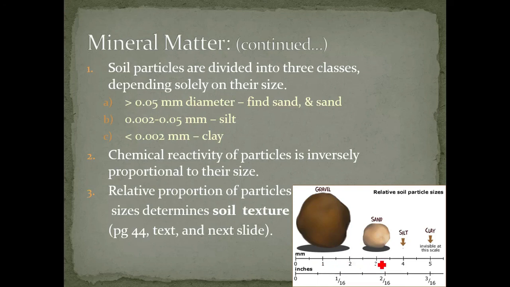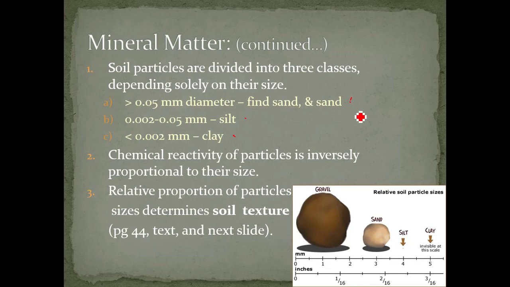Sand is, as I said, about 0.05. A silt particle compared to a sand particle is going to be very small, and a clay particle is going to be invisible at the scale that we're using here. Generally speaking, the important attribute of these different particle sizes, sand, silt, and clay, those are the ones you have to remember, is that the chemical reactivity of these particles is inversely proportional to their size.